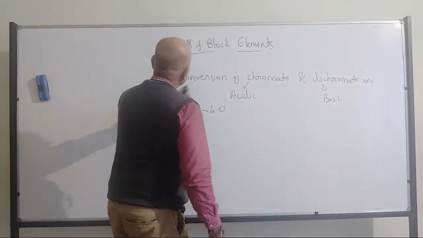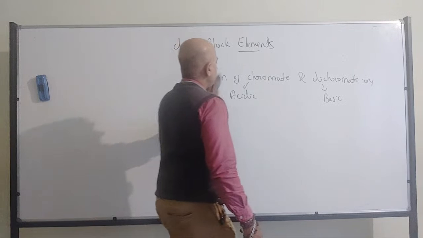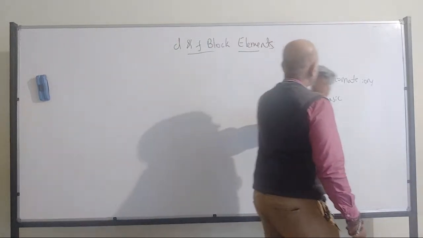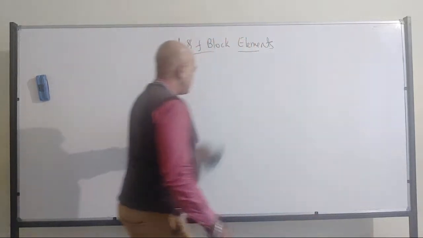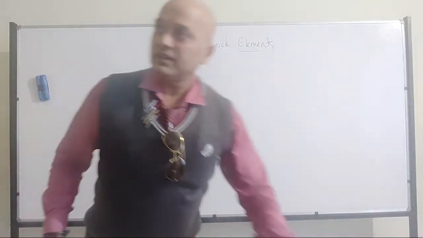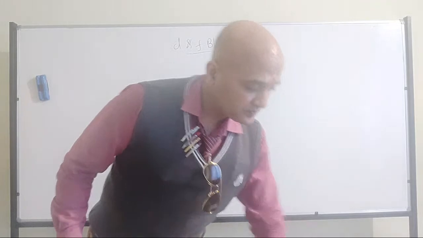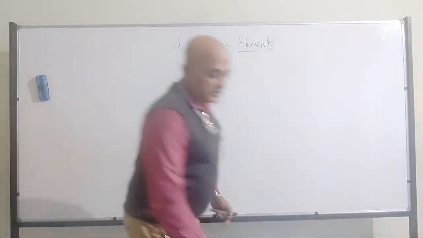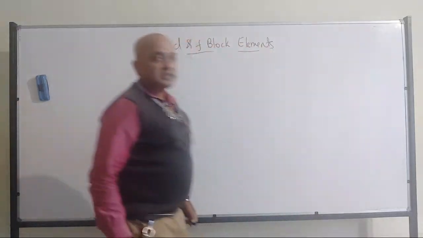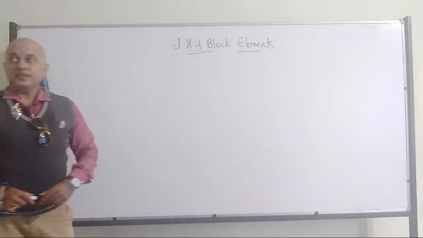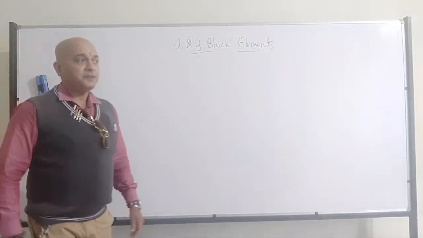Now, how can these be interconvertible? That is because of the common oxidation state of the chromium, that is +6. Fine? All of you have understood? Any doubt? Anything else we have left over? I think it's done. Okay? So shall we move to the next one?